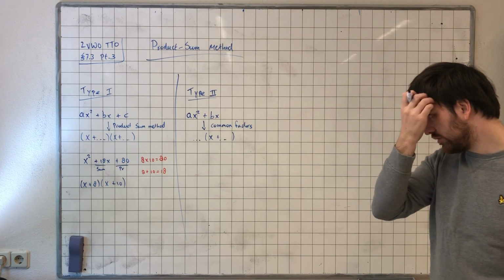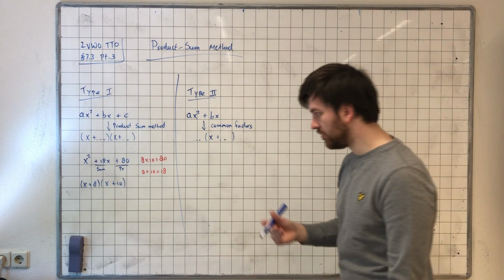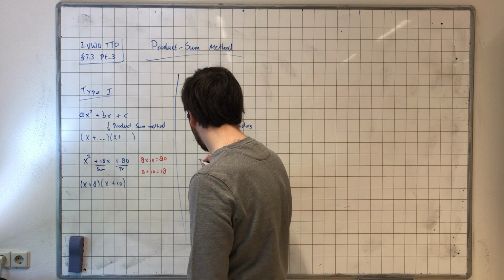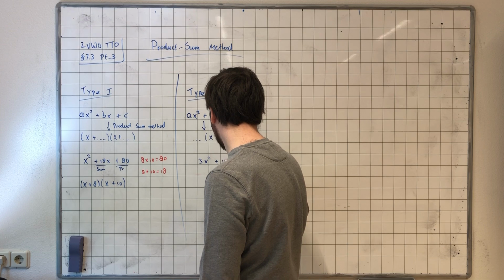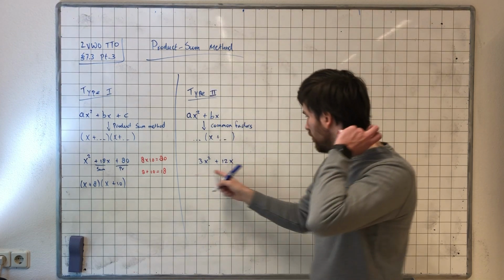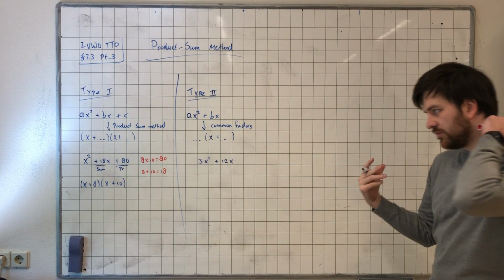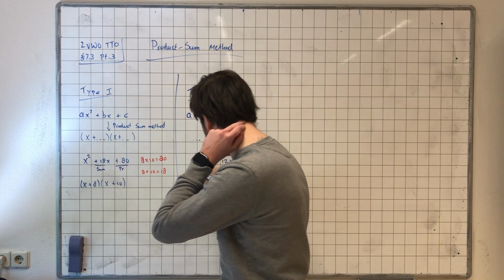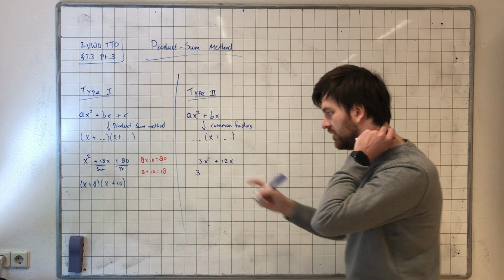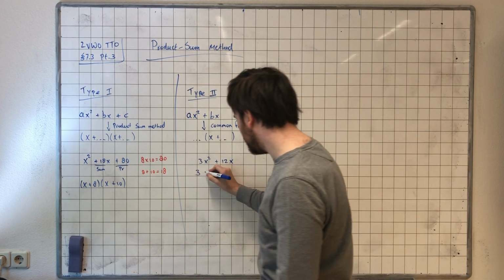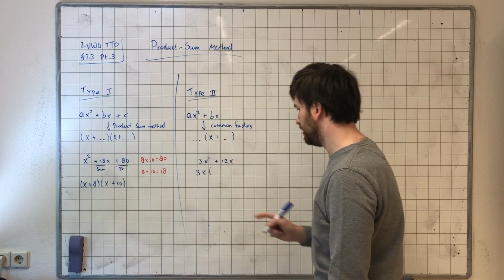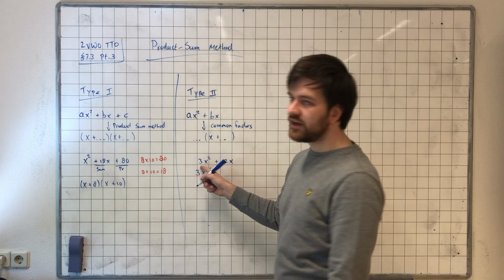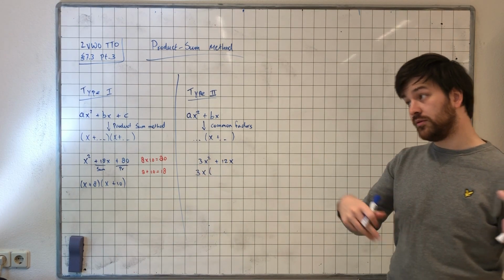This looks a little vague, so I want to give you an example as well. For example, if we have 3x squared plus 12x, well, we can divide both of these terms by 3, and we can divide both by x. So I'll write down 3x, then I'll open up my brackets. To get 3x squared, we have to multiply 3x with just x.